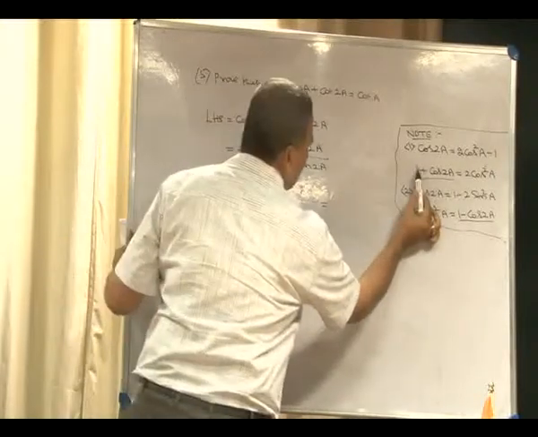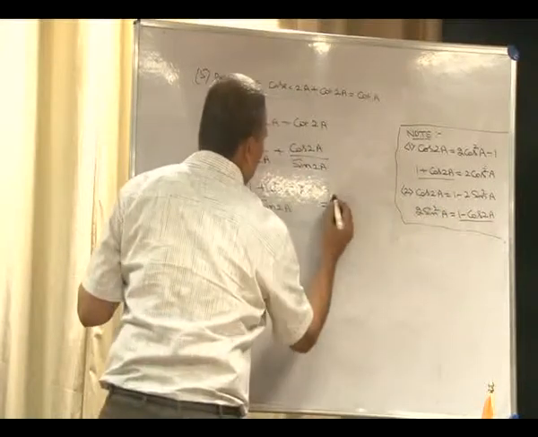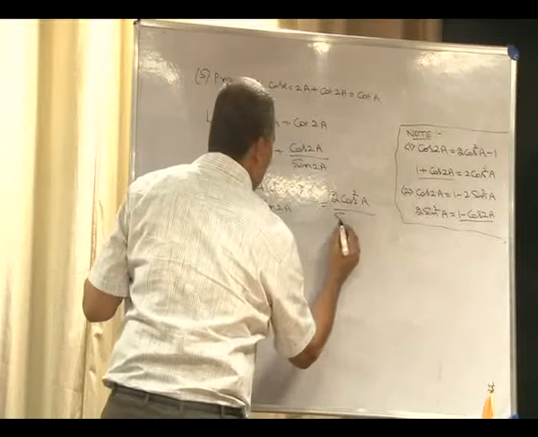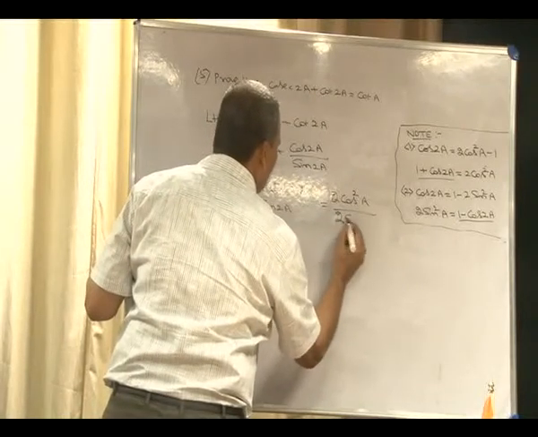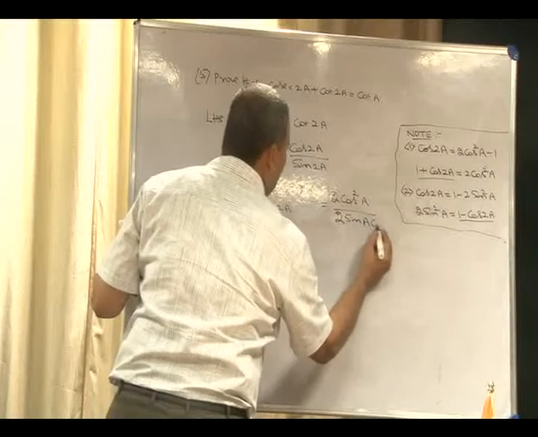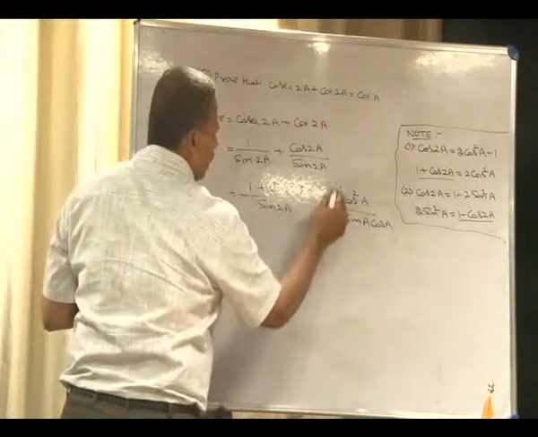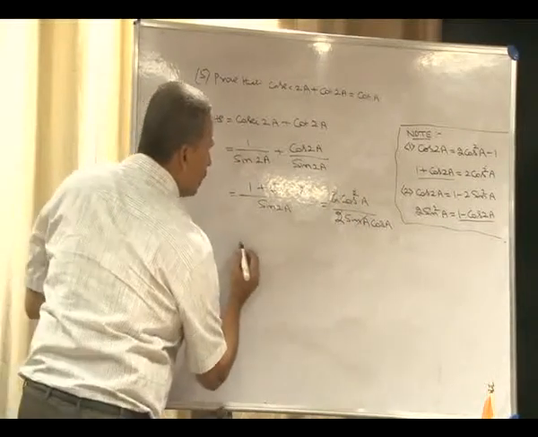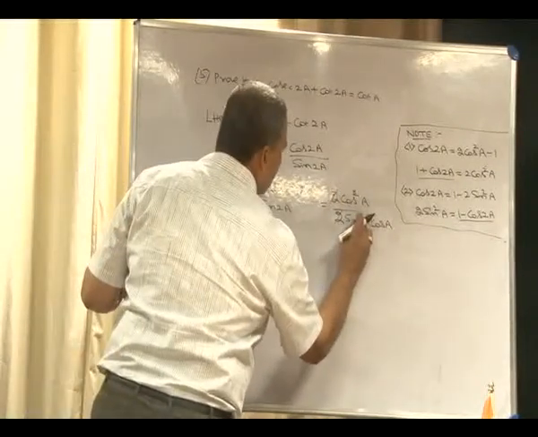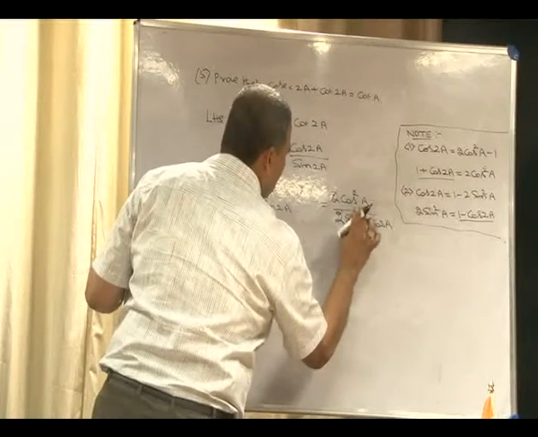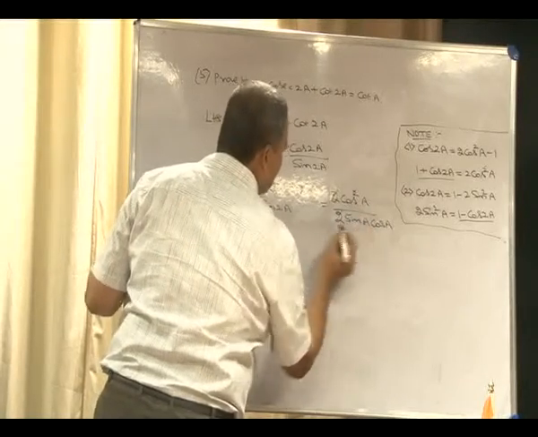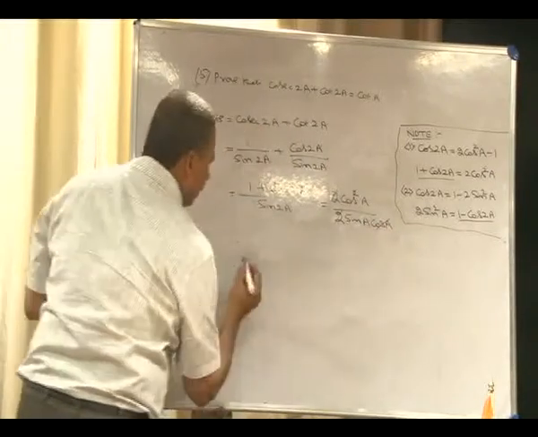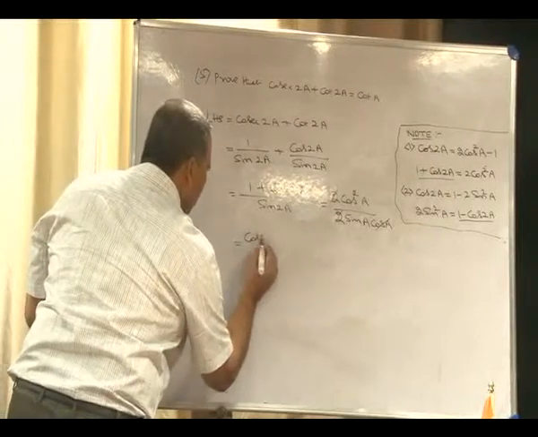The formula for 1 plus cos 2A is 2 cos square A, by sin 2A, which is 2 sin A cos A. Here the 2 cancels, the power cancels, that cos A cancels, that is equal to cos A by sin A.